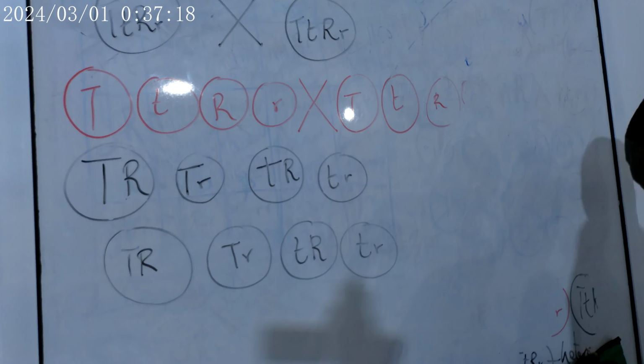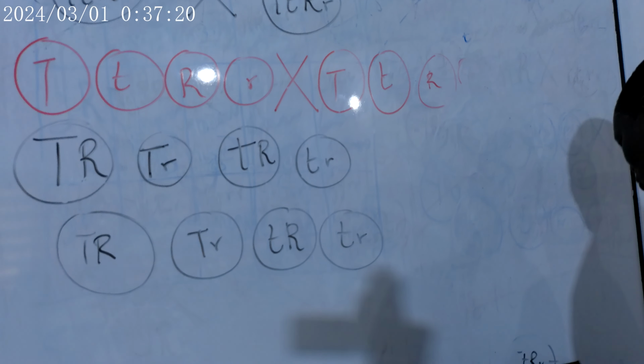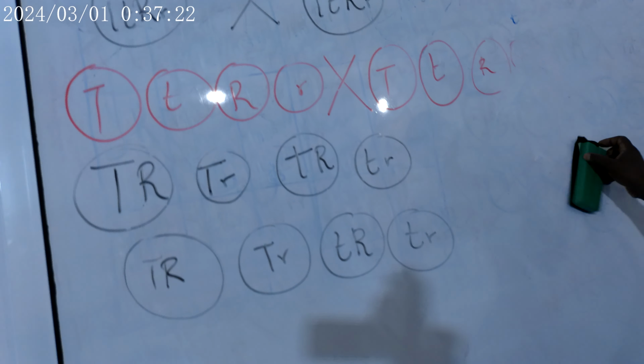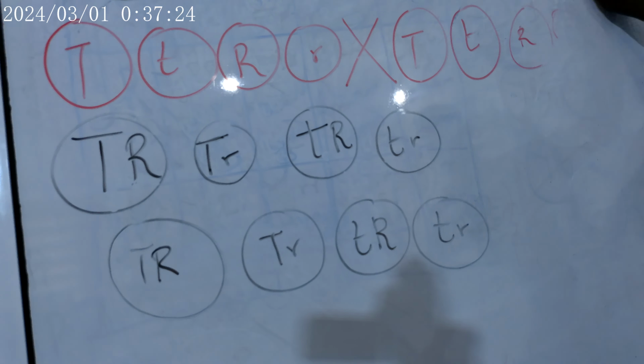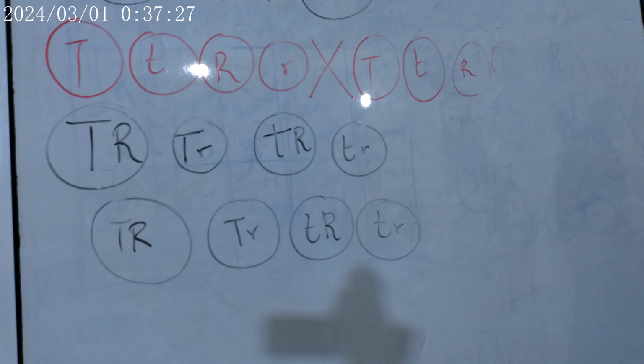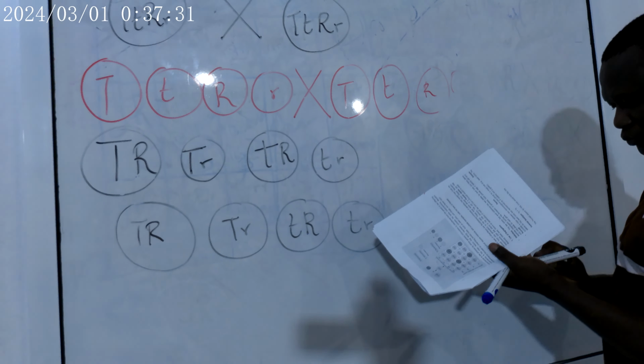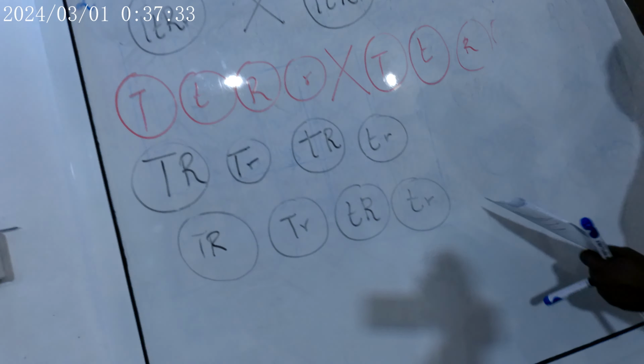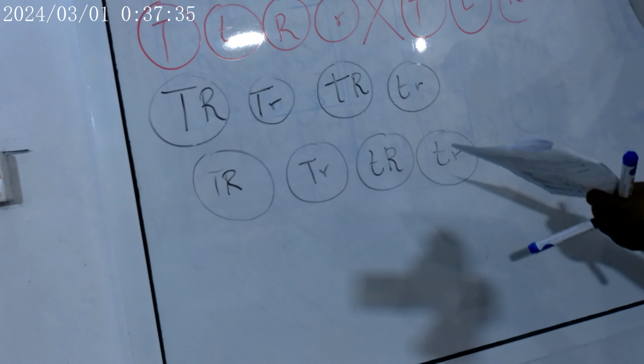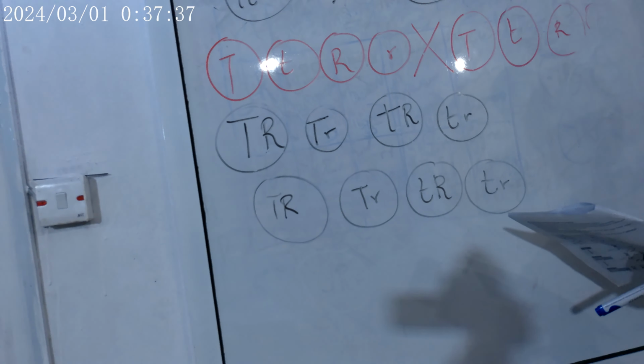And don't forget that I told you the Punnett square is going to have 16 offspring because it is going to be 2 raised to power 4. So all we are going to do is going to be like this.